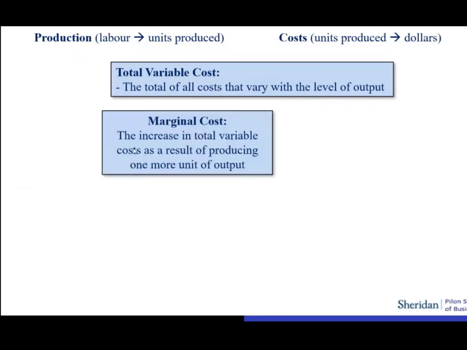Marginal cost then is just the increase in total variable cost as a result of producing one more unit of output. So if I produce one more unit of output, what's my marginal cost associated with that? So it would just be my change in total variable cost. And so the formula for marginal cost is the change in total variable cost divided by the change in total output.